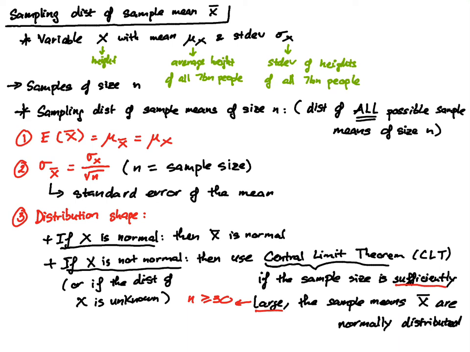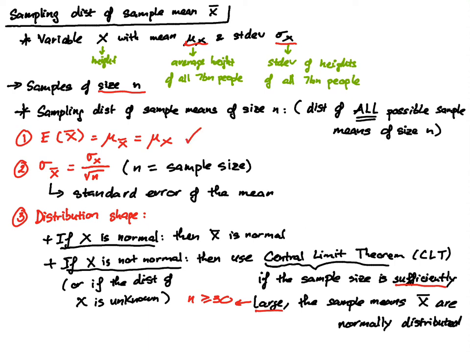We have a variable x with the population mean of mu x and population standard deviation of sigma x. We take samples of size n from this population. We want to know the sampling distribution of the sample means of size n. It can be proven that the mean of all the sample means is equal to the population mean of the underlying variable.